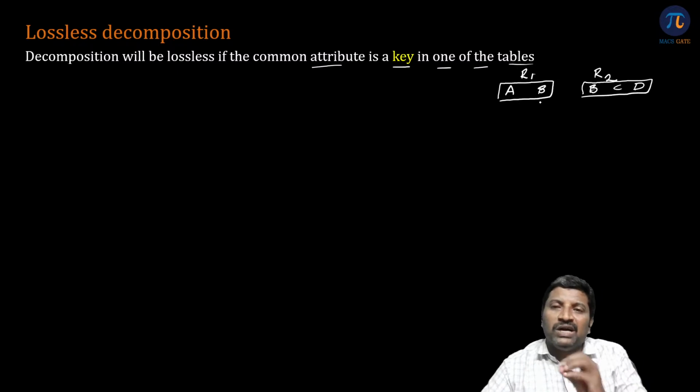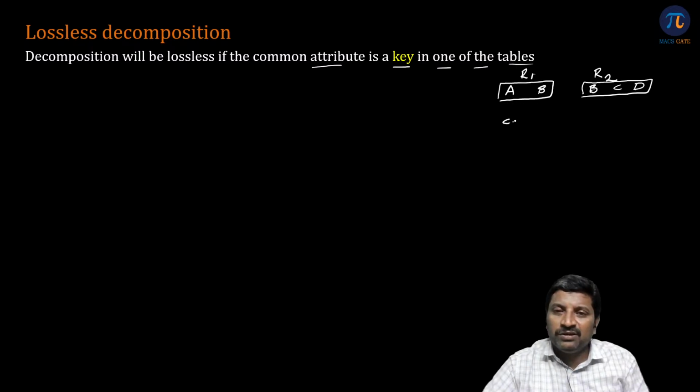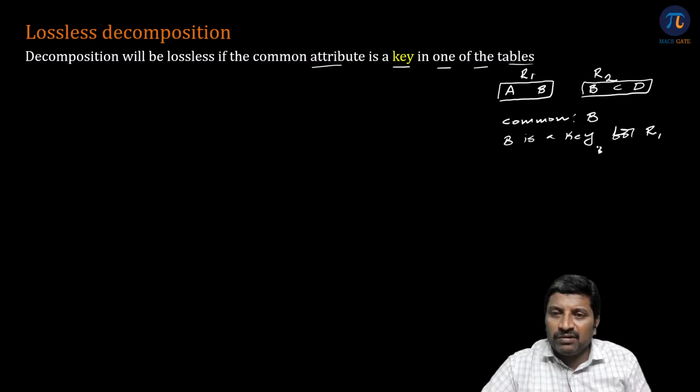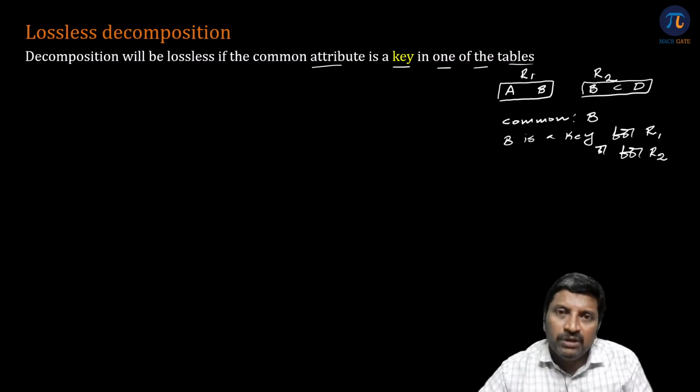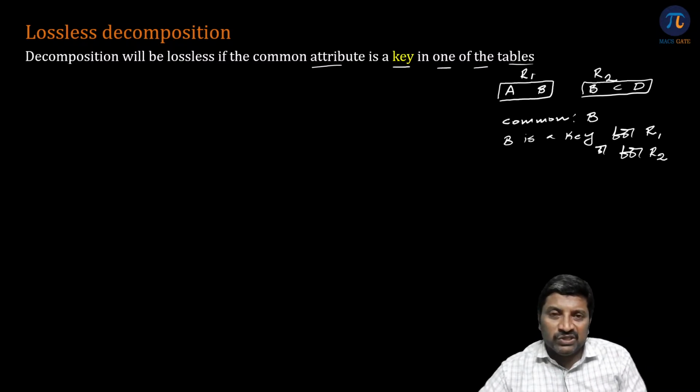To have lossless, what is the common attribute? The common attribute is B. So I need to verify whether B is a key, either for R1 or for R2. One of them is enough, sir. Even if both are true, I don't have any issue. So it will be good, right? So let us do it.